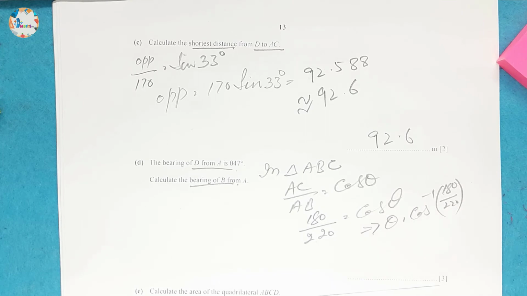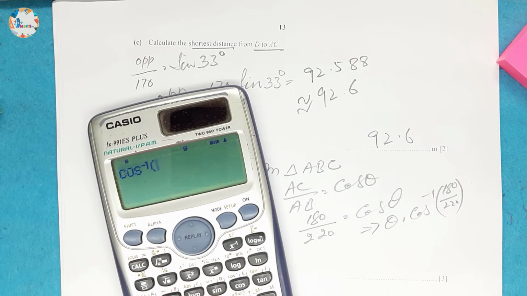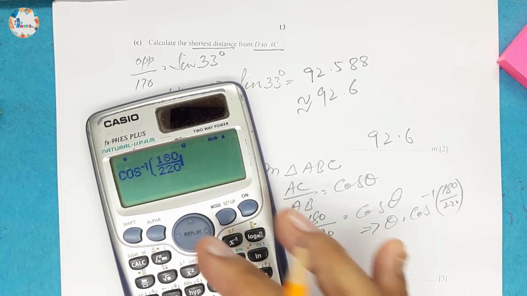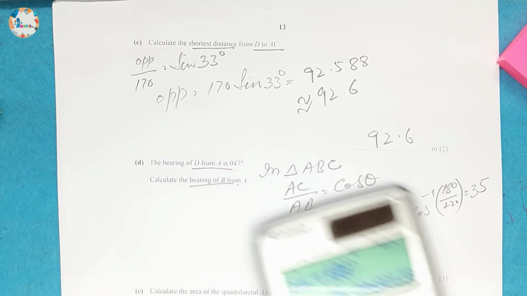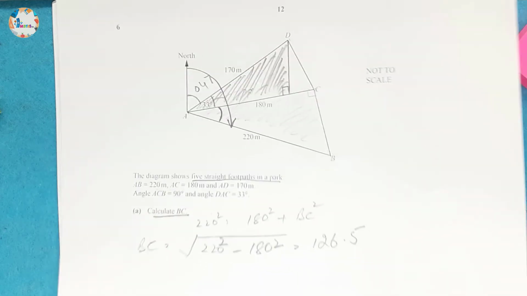We can find this value with shift cos of 180 over 220, and this will be equal to 35.35, so 35 we can write here. So this is the angle over here.